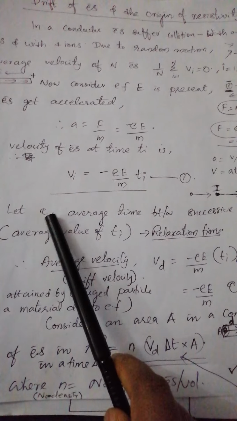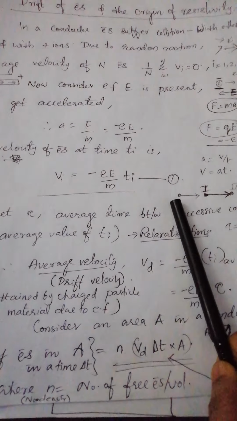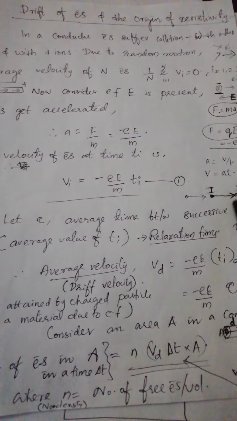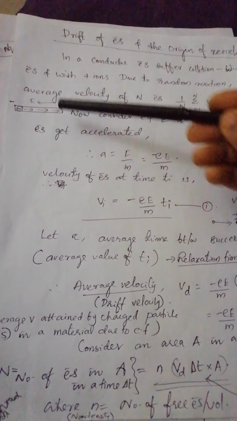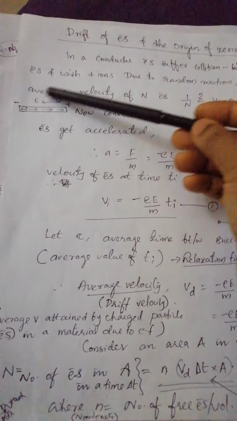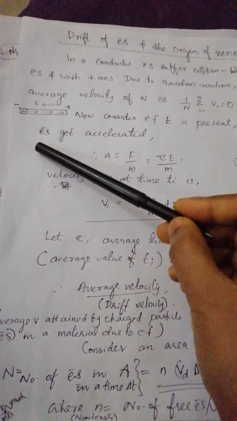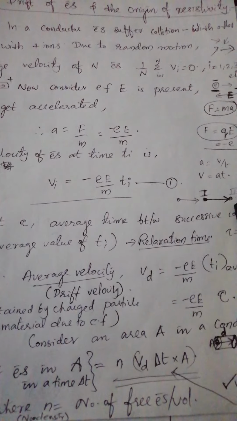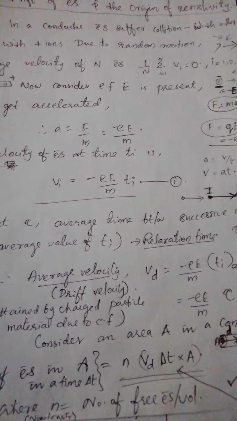Now let us consider this electron is moving in this direction. When the electric field is applied, these electrons won't have random motion now, they will be somewhat aligned. While they move, they come across collisions.